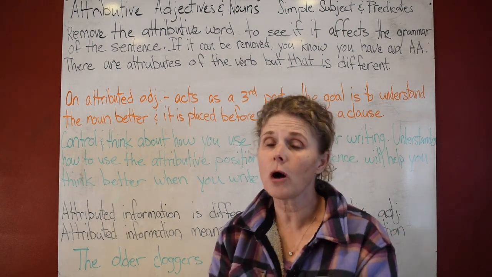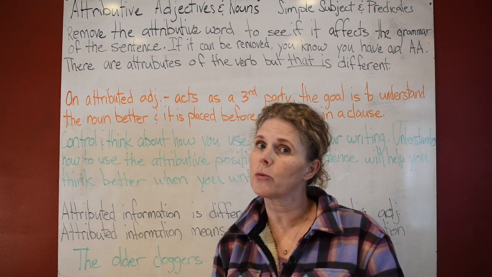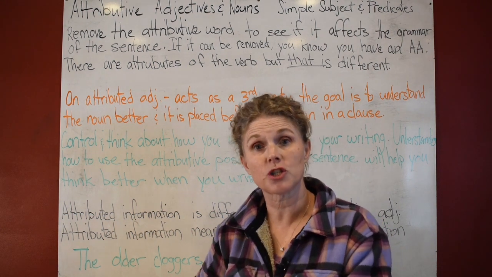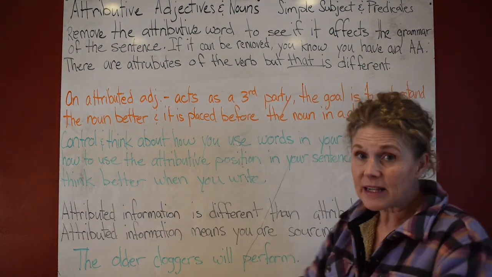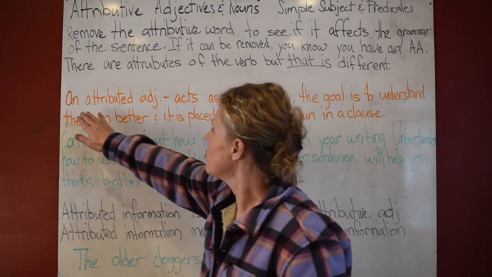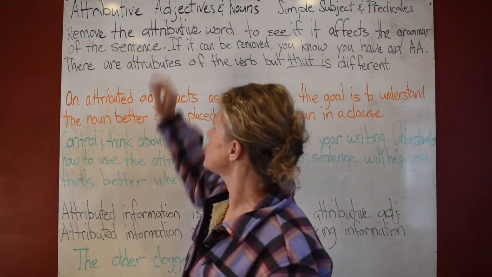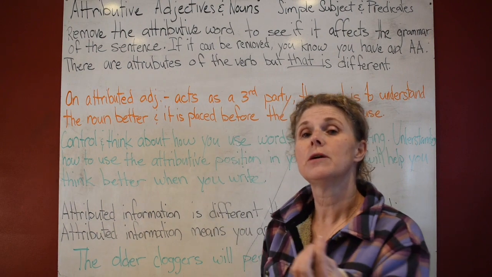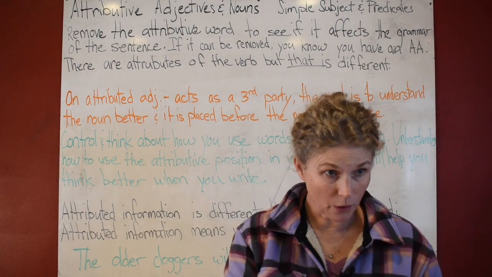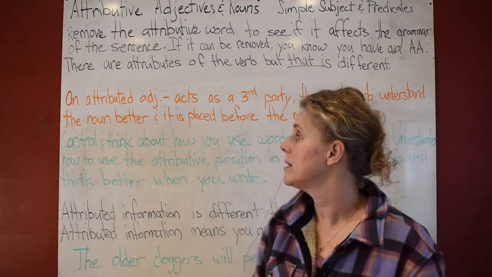I know that sometimes it comes after, but that's normally where you would find a prepositional phrase acting as an adjective, or some other clause. But the main attributive adjective will be in front of your noun, okay? Does that make sense? That's the attributive position.